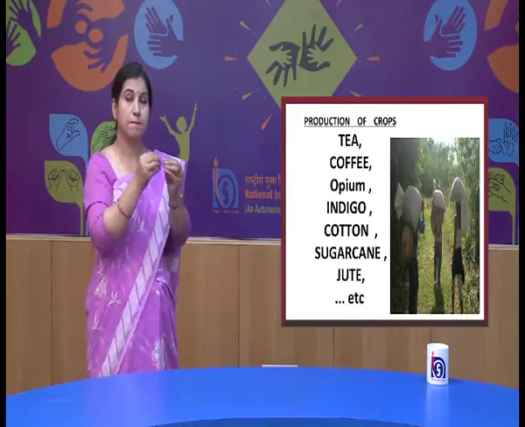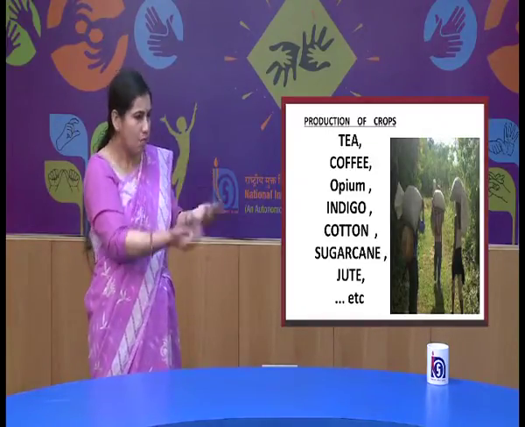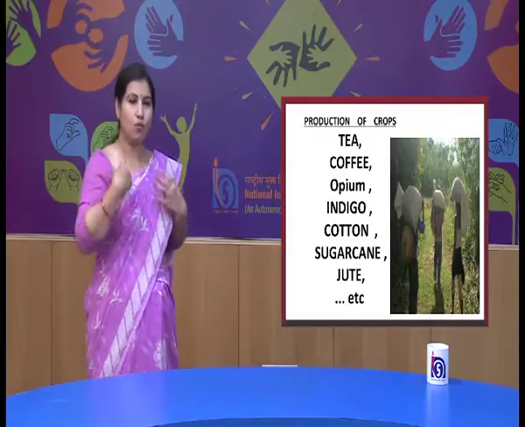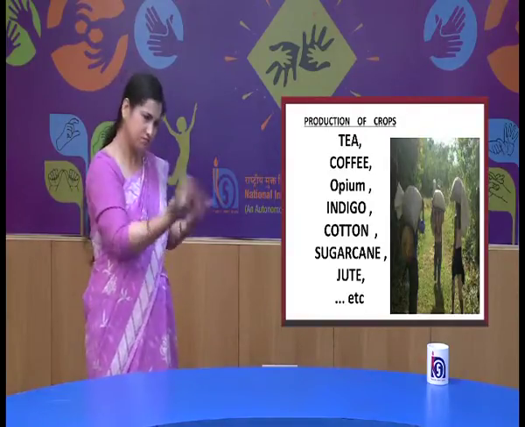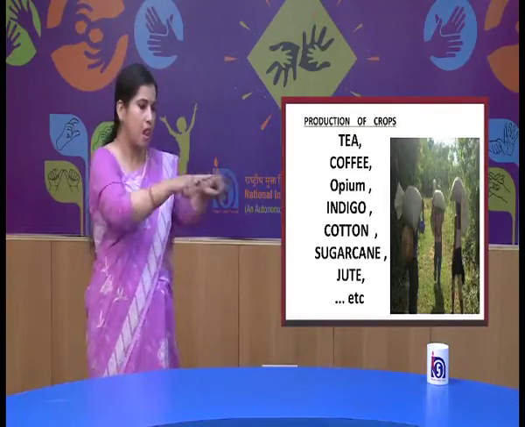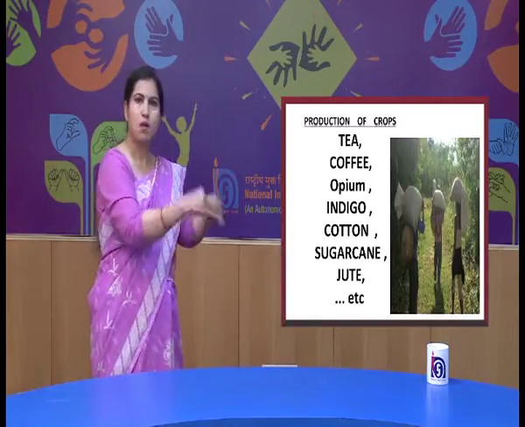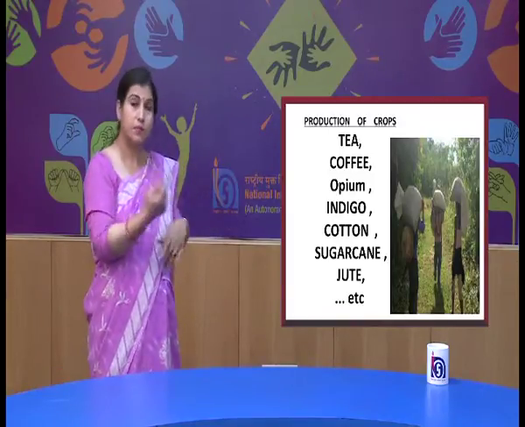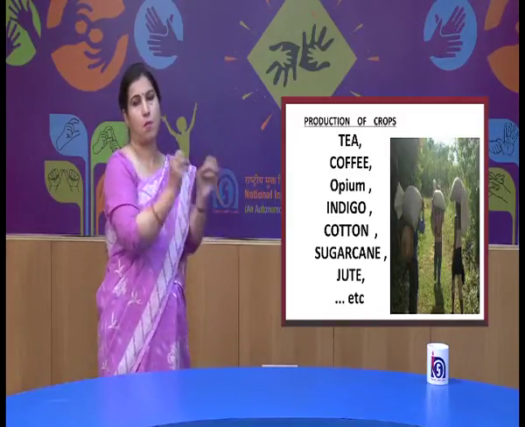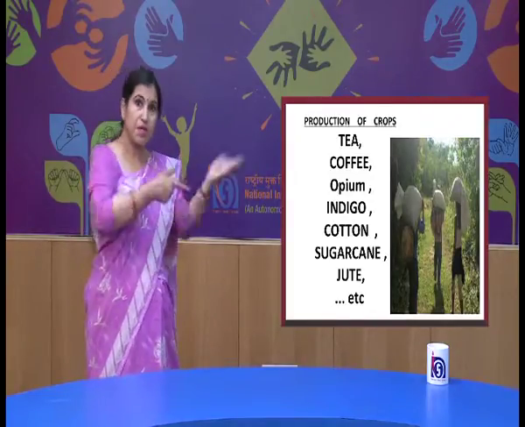The British forced Indian cultivators to produce indigo, which was used for dyeing clothes in Britain. However, the land used to become infertile for a few years after the cultivation of indigo, therefore the farmers did not want to grow it.